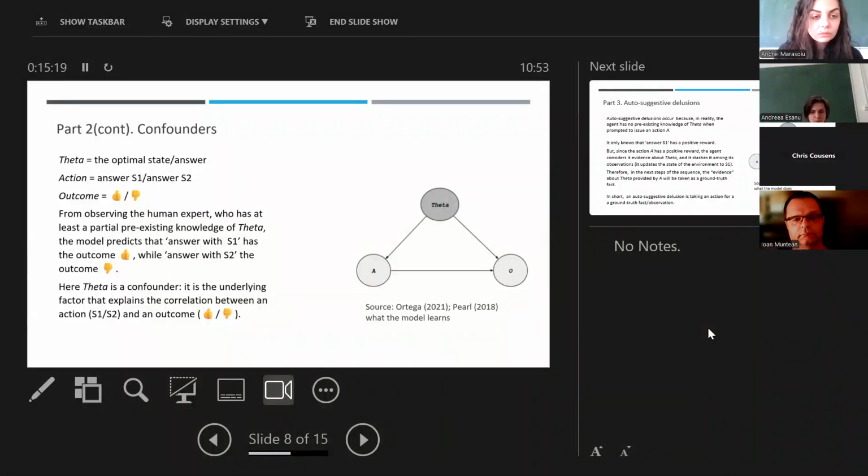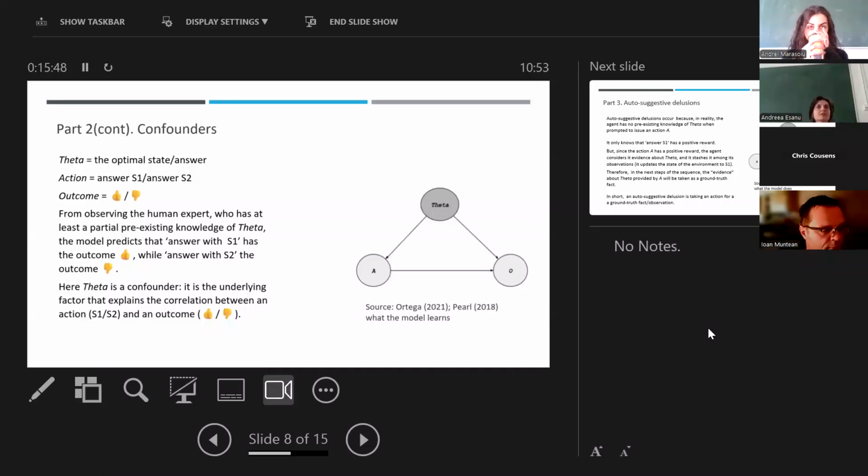And in this situation, it has to maximize its reward for its answers without knowing the optimal answer beforehand. So what we have here in this representation, let's say theta is the optimal state or answer that we want to obtain from the model.